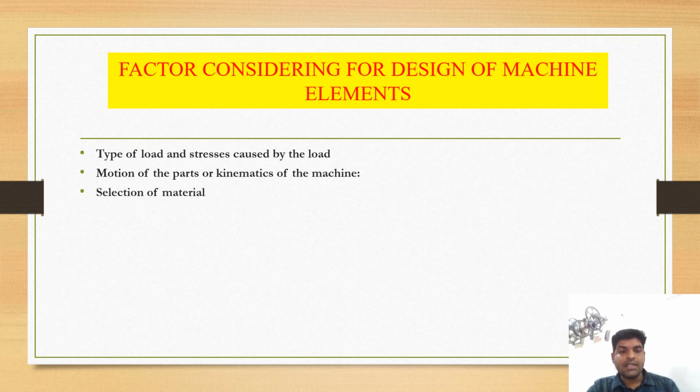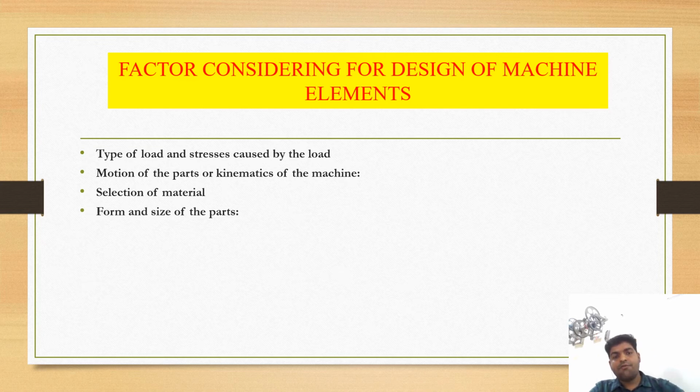Third one is selection of material. It is very essential that a designer should have a thorough knowledge of the properties of materials and their behavior under different working conditions, as it is very difficult to assign a particular material for a specific field of application.